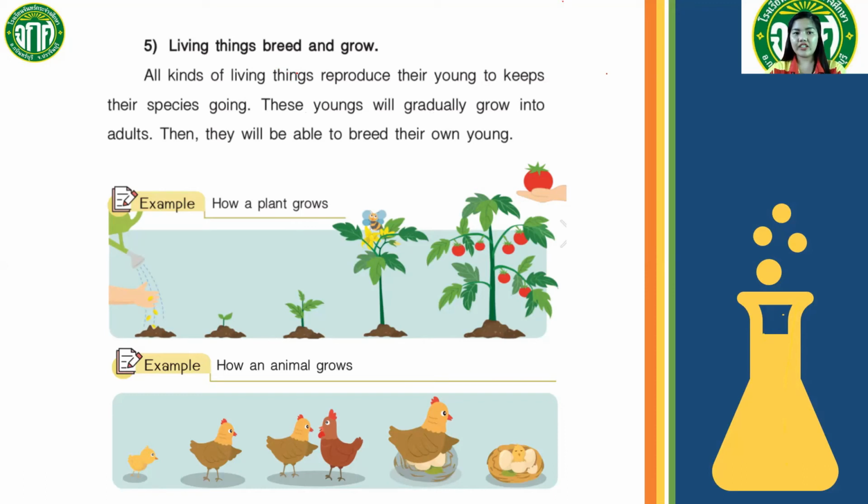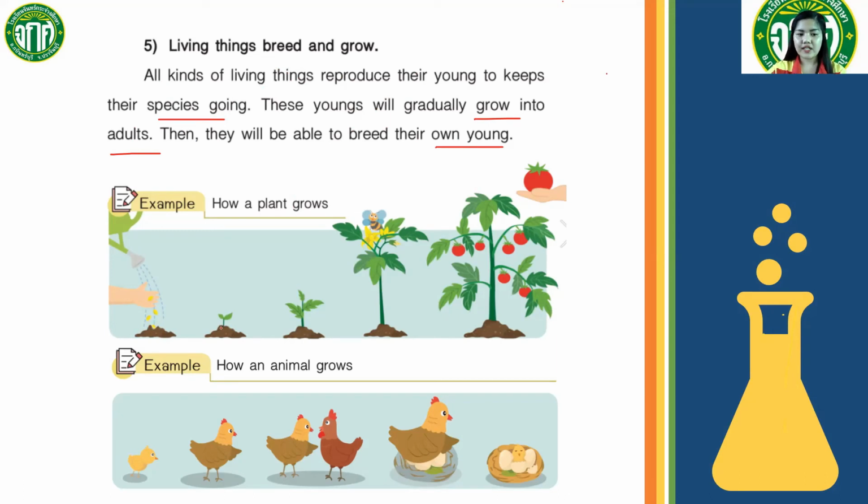So living things breathe and grow. All kinds of living things reproduce their young to keep their species going. These young will gradually grow into adults. Then they will be able to breed their own young. We have here an example, a tomato.